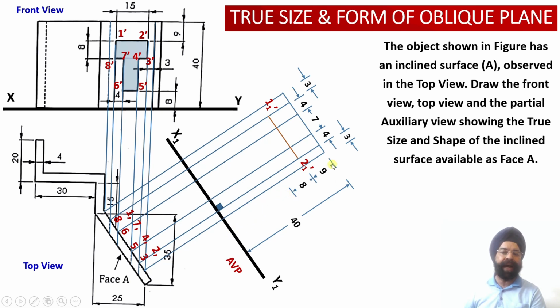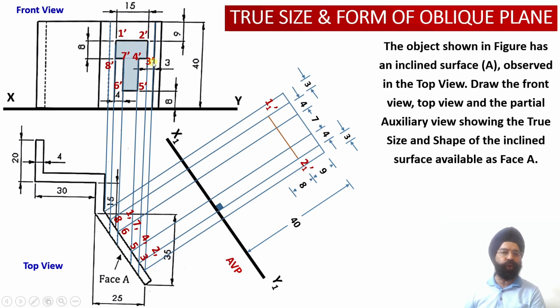So I have marked 40 minus 17 millimeter over here, or I can say these 4 points, 8 dash, 7 dash, 4 dash and 3 dash, are all located at a distance of 23 millimeter from the auxiliary vertical plane.